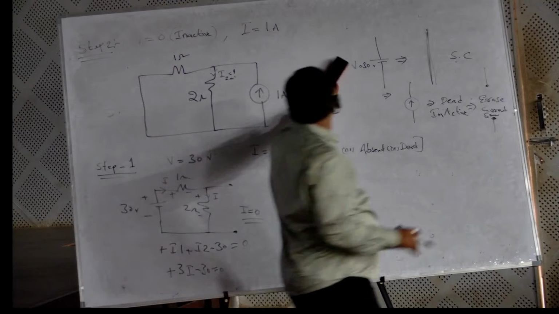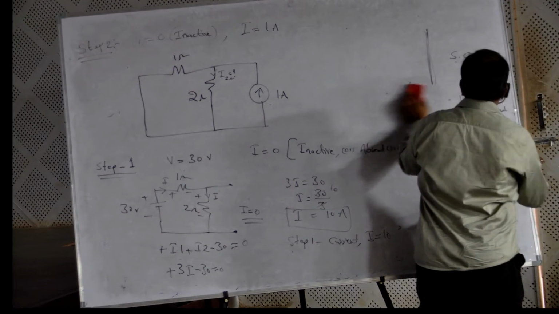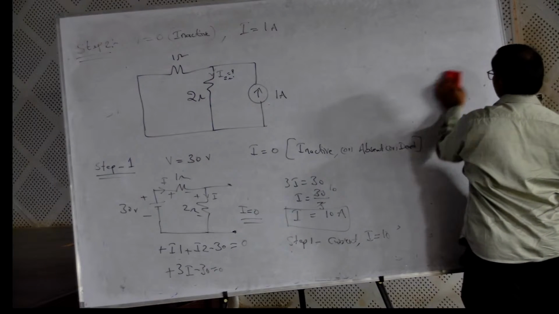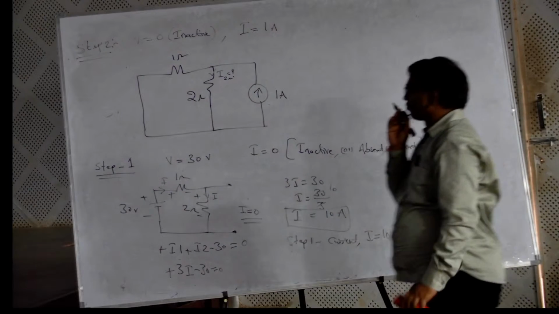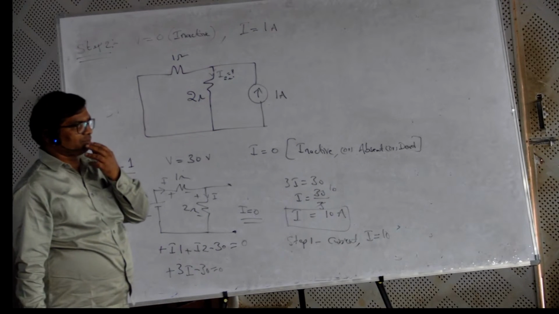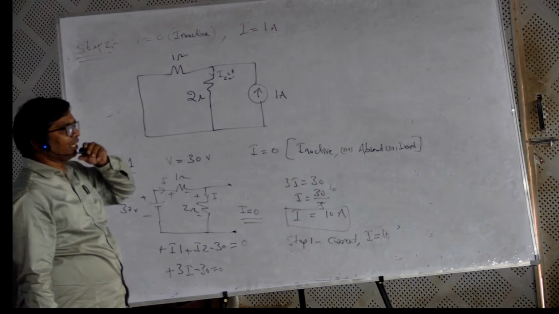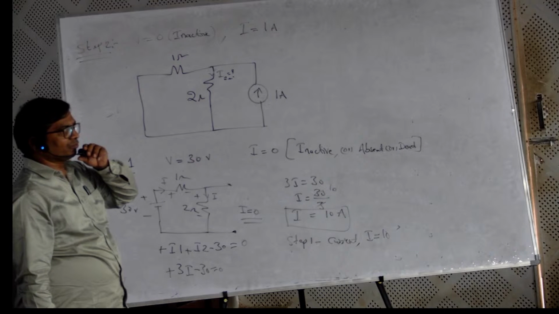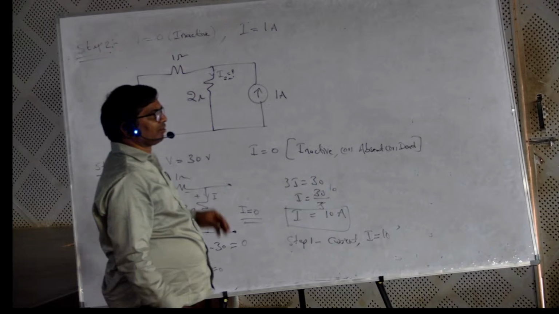Now find out the current in the 2 ohm resistor. How can you find out how much current is flowing here?